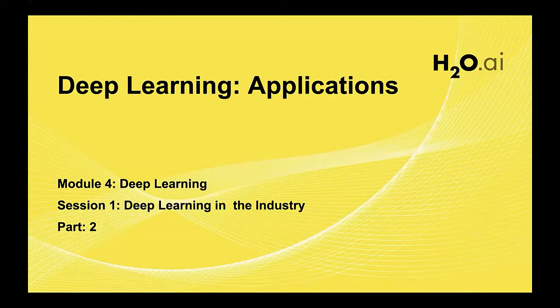Part 2, now I'm going to jump into applications and present a few selected applications where deep learning is being applied. These won't cover everything, but these will give you a taste.